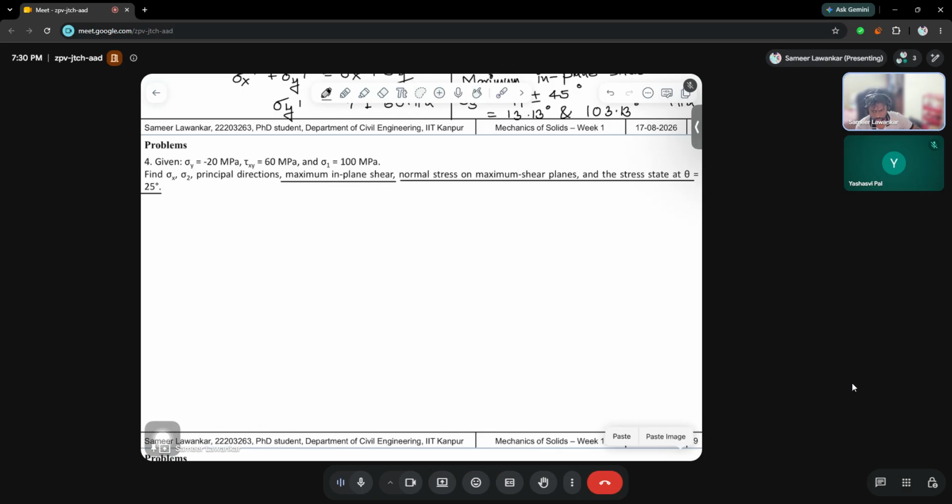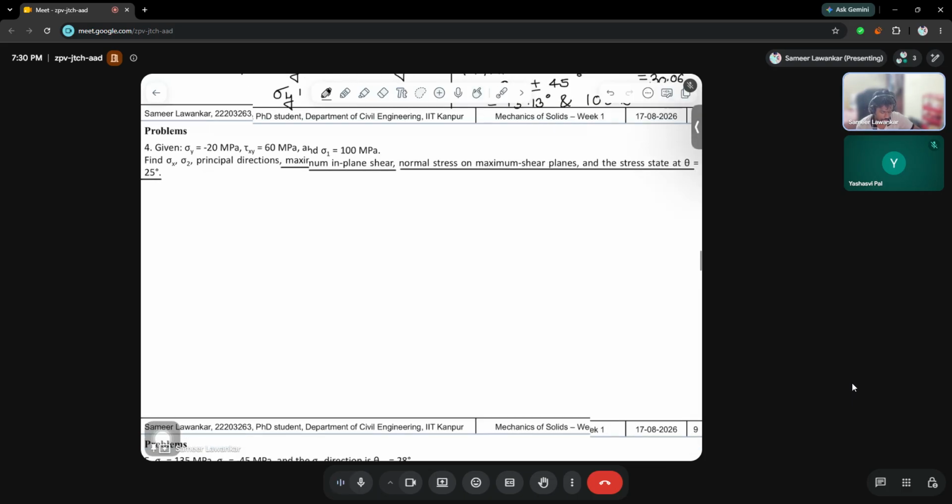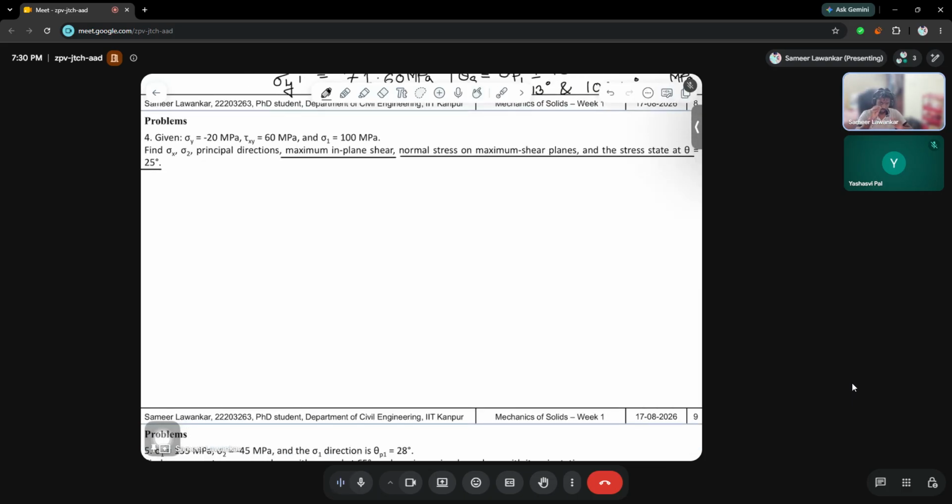Your concept regarding sigma average will now come into picture. But please understand this now, don't understand it in the previous steps. When you understand normal stress on maximum shear planes, your concept of sigma average will come into picture.